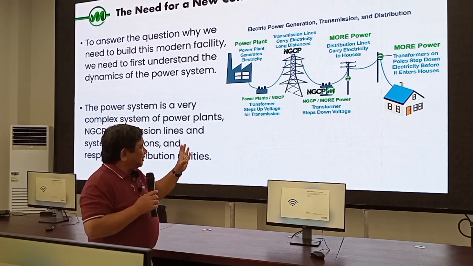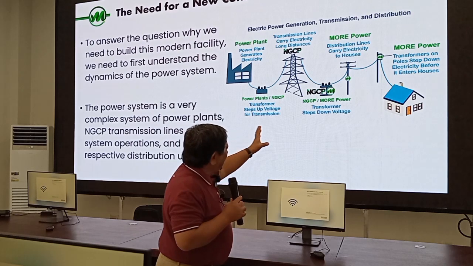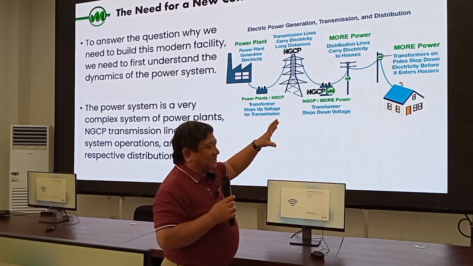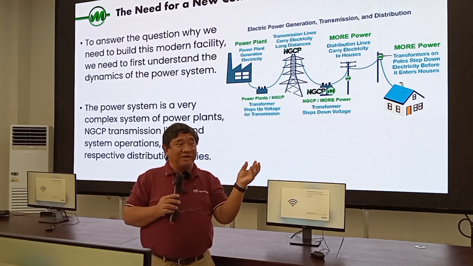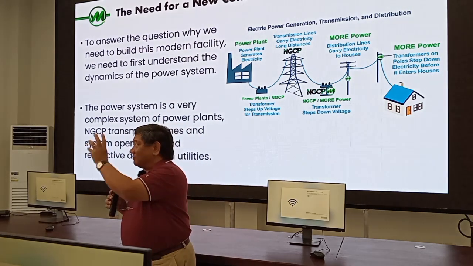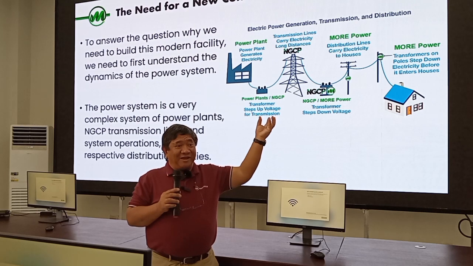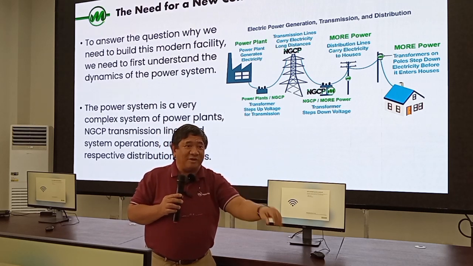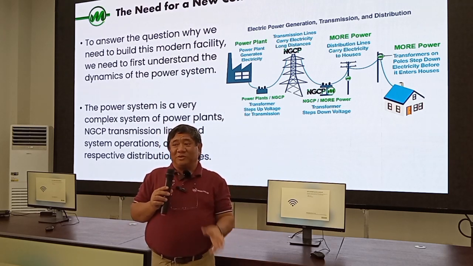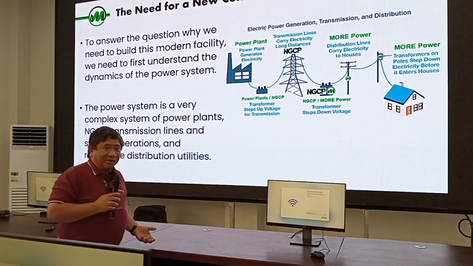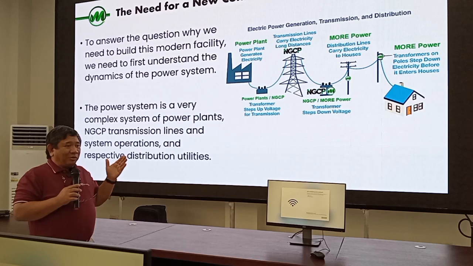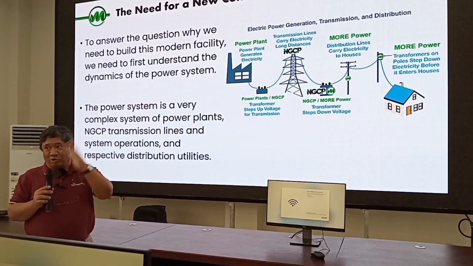Okay, and then from the 13.2 it goes through the lines, primary lines, secondary lines, then it goes to what we call distribution transformers, yung mga nakikita nyo nakakabit sa mga poste, and then transforms it down to 220. Now, the reason why it's called transformer because it transforms the voltage either from low to high or from high to low.